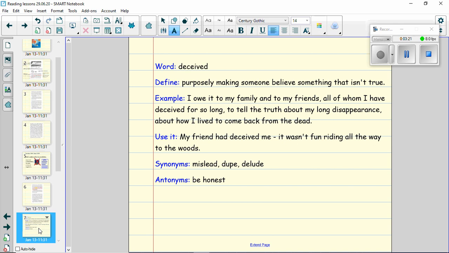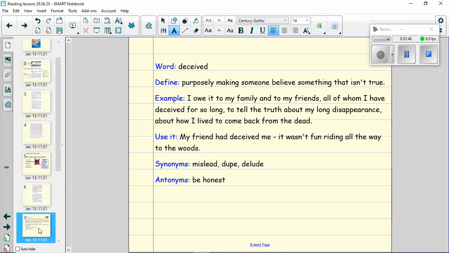Now in the dictionary, if you did look, you would get a definition similar to that. Or you might get something similar, but it might be that the hole deceived me. And in that instance, it might mean it was actually deeper than you thought. So if you're on the beach one day and you dig a hole, the hole might be quite deceiving.